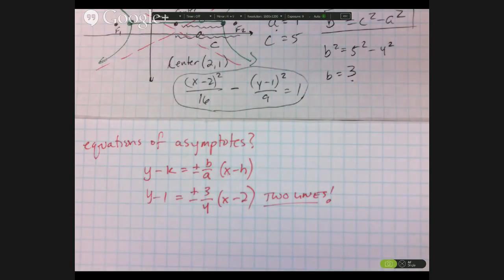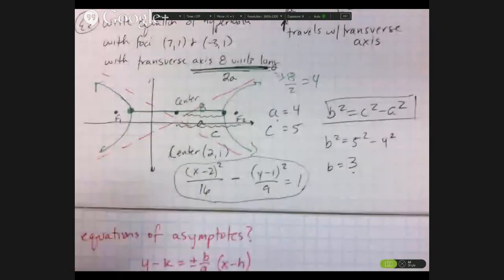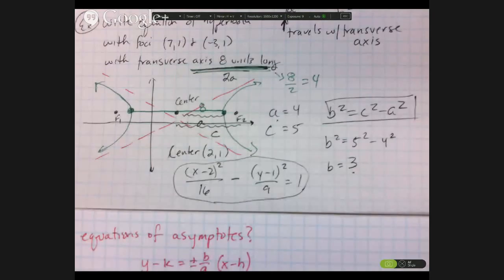That's everything. So all the questions I'm asking you to complete are write the equation, find the coordinates of the center, the foci, and the vertices and the asymptotes. Okay.